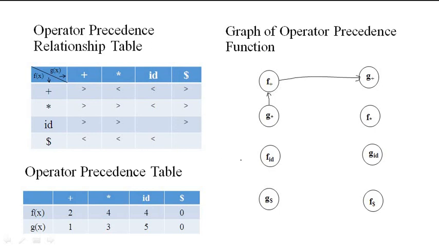Next, F plus to ID: F plus to G ID. So G ID to F plus. F plus to dollar: F plus to G dollar.